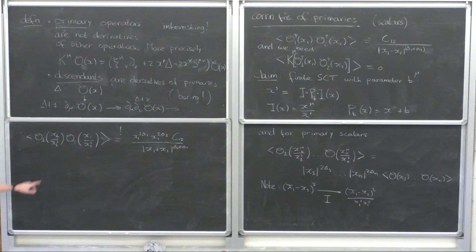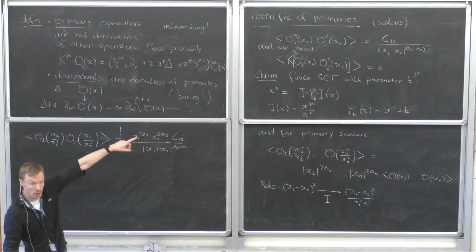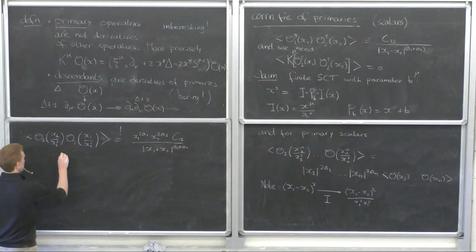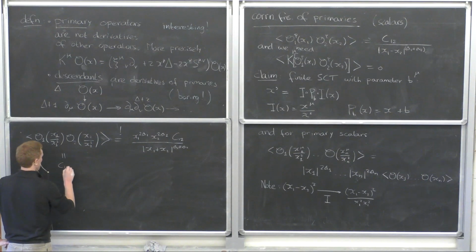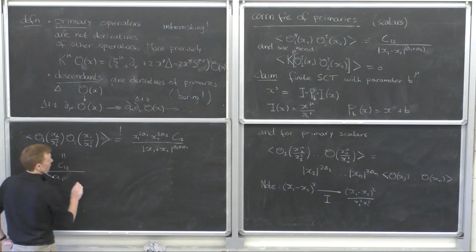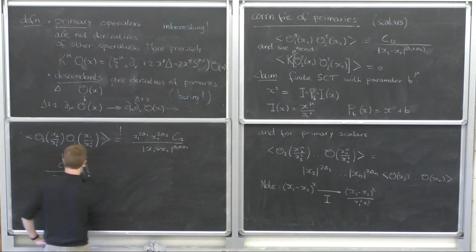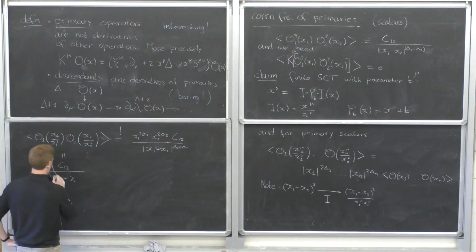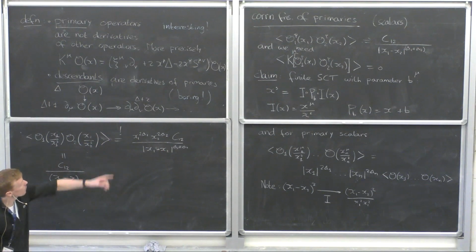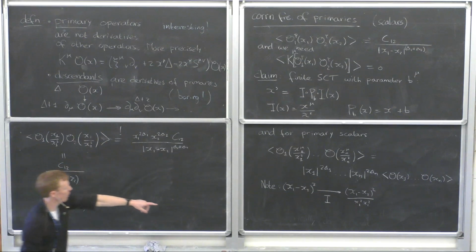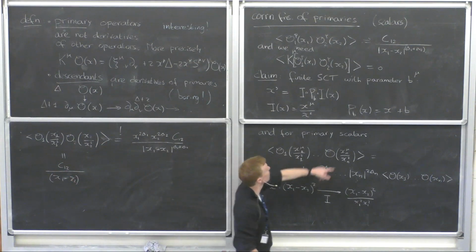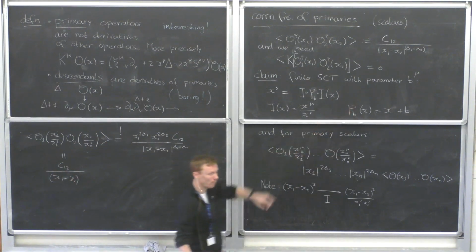But of course, if we just do the inversion on the function that we have, we get that this is C12 over x12, x1 minus x2 squared to the power delta 1 plus delta 2 over 2.